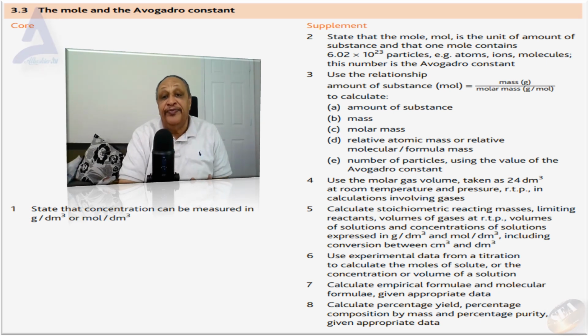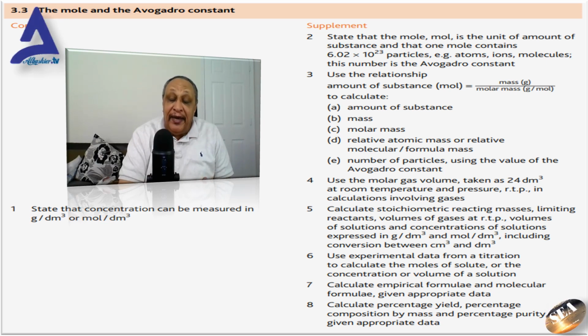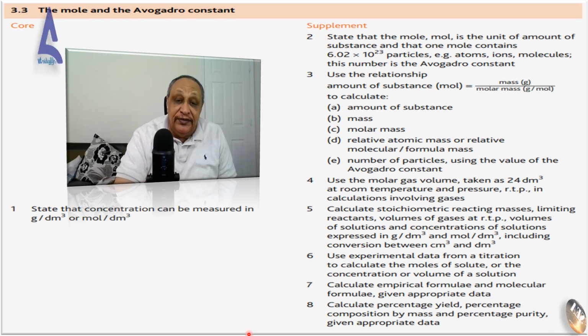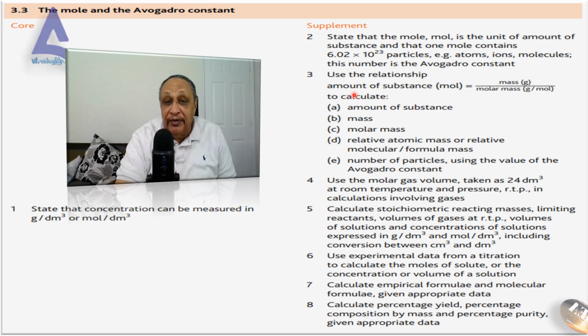We will try to make some applications about 5 problems we are going to solve, and we will try in this segment to deal with this formula: the amount of substance, number of moles, equals the mass in grams over the molar mass, which is in gram per mole.